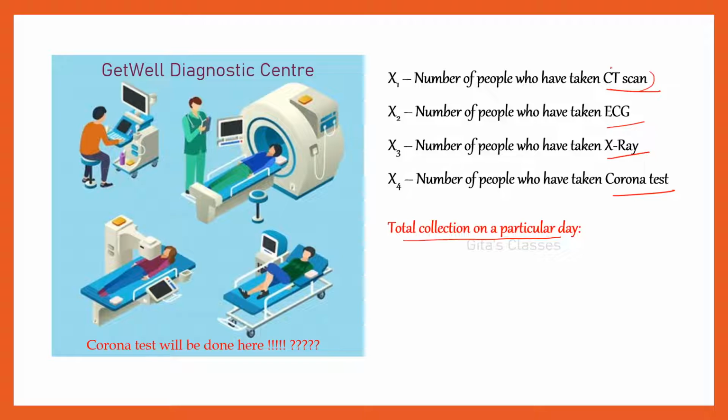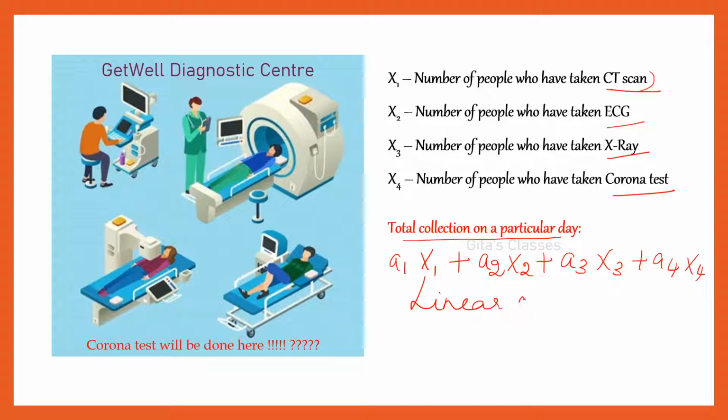How much are we charging? Suppose A1 is the charge for CT scan, then A1 should be multiplied by X1. Similarly, for ECG, A2 amount, then A2 into X2 plus A3 into X3 plus A4 into X4. So this is called the linear combination.